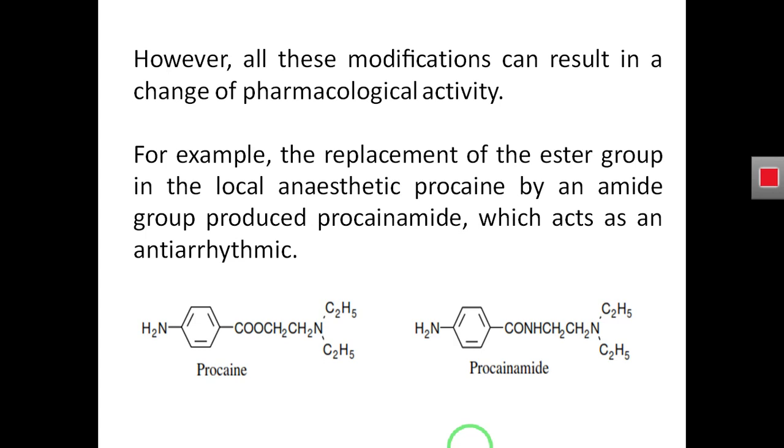For example, if we have a drug, procaine, and it has an ester group, but when we remove this ester group from procaine and introduce an amide group, we will have a drug that is procainamide, and it is an anti-arrhythmic drug.